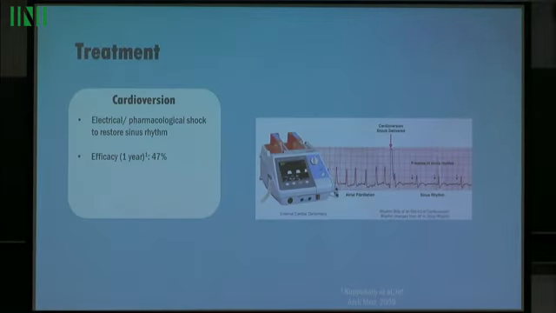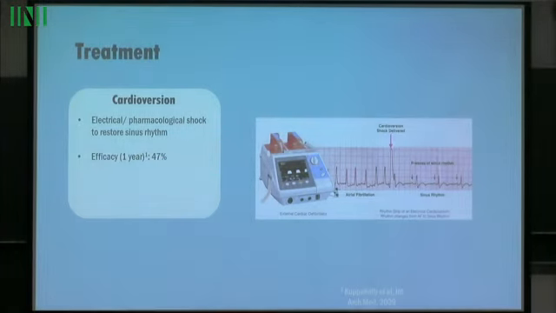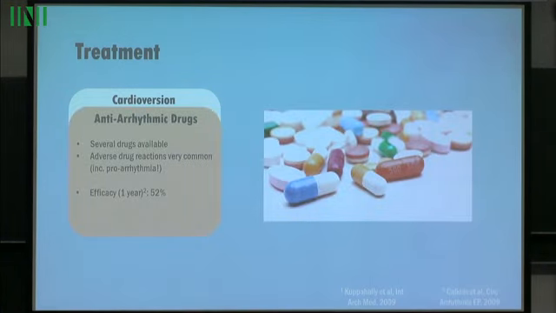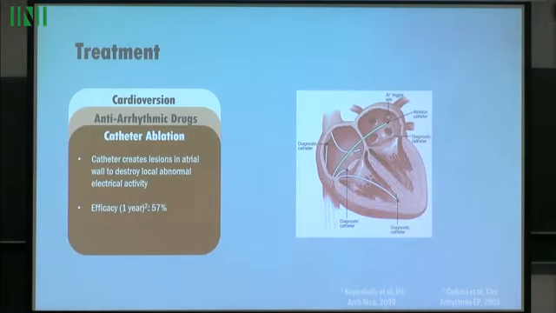So for treatment, you can do a cardioversion, which is just a defibrillation of the atria. You give a large electrical shock and hope by doing that the sinoatrial node would take over as the pacemaker again. Unfortunately, the efficacy of this procedure is less than 50%. You can also give antiarrhythmic drugs that change the properties of the cell to try and counterbalance this effect, again often with side effects, not very successful.